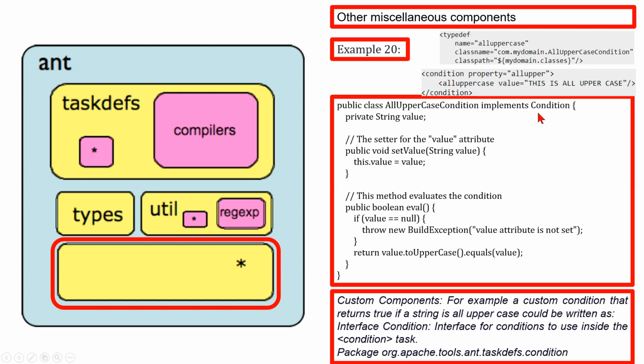For example, a custom condition that returns true if a string is all uppercase could be written as follows here, and adding this is the setter for the value attributes. This method evaluates the condition.